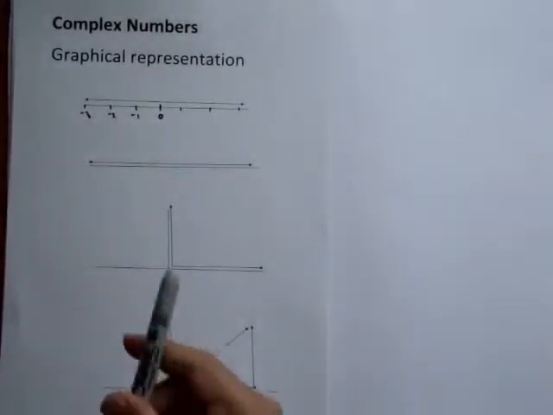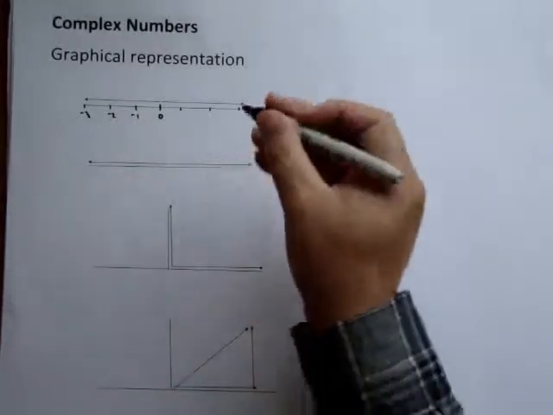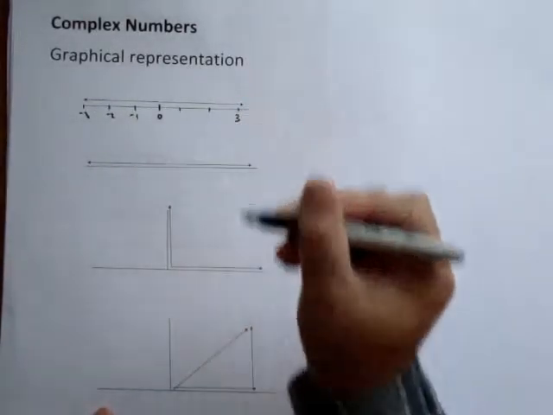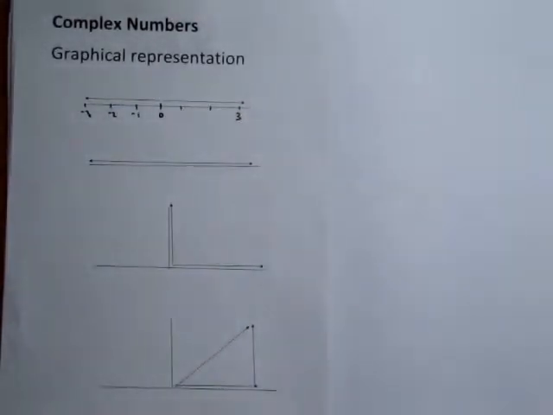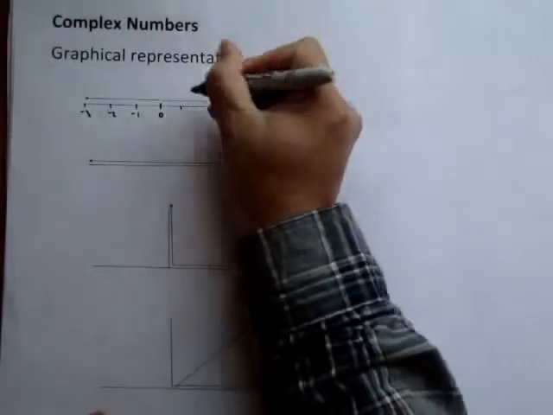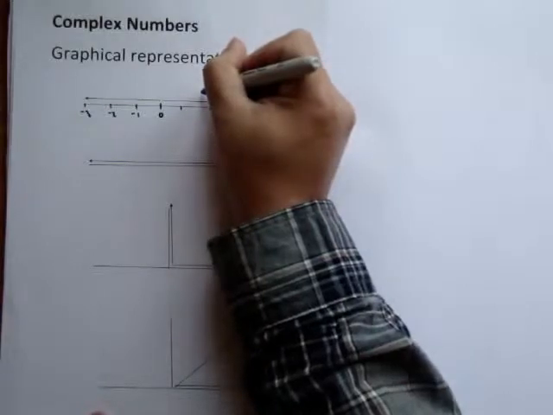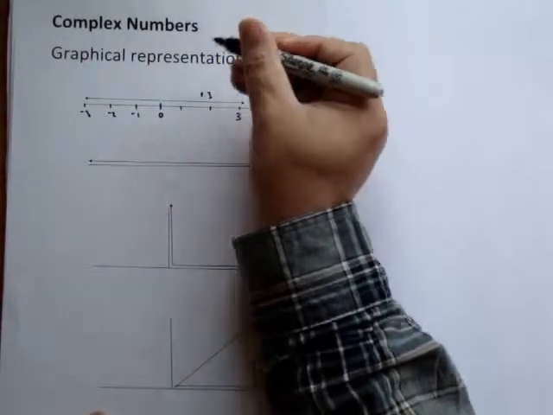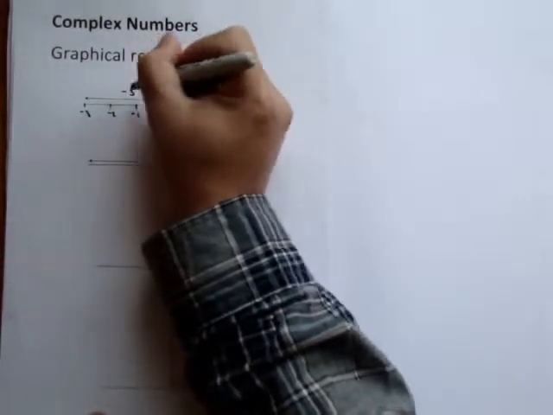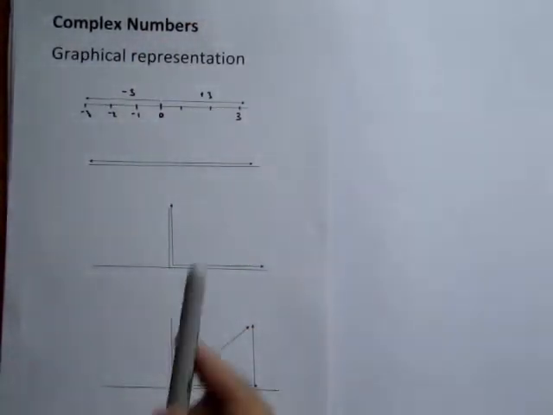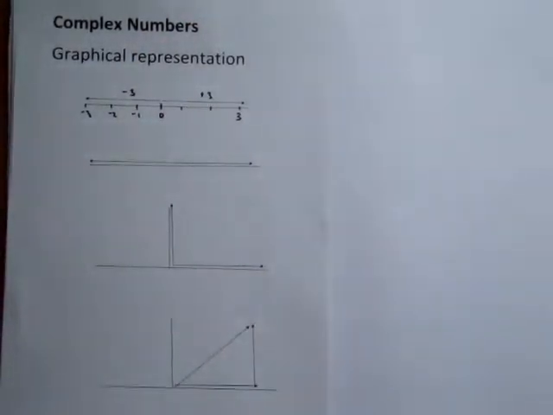Minus 3 goes to the left, and obviously 3 goes to the right. The line represents the magnitude by its length. So the length of this line is the magnitude plus 3, and on this side minus 3. And the arrow represents the direction.